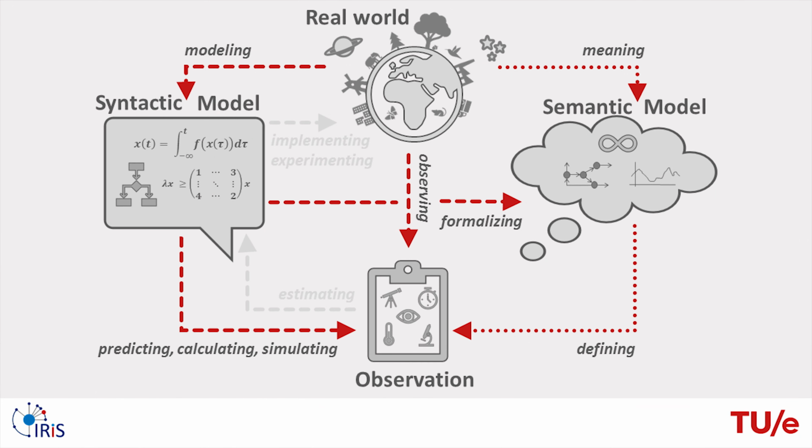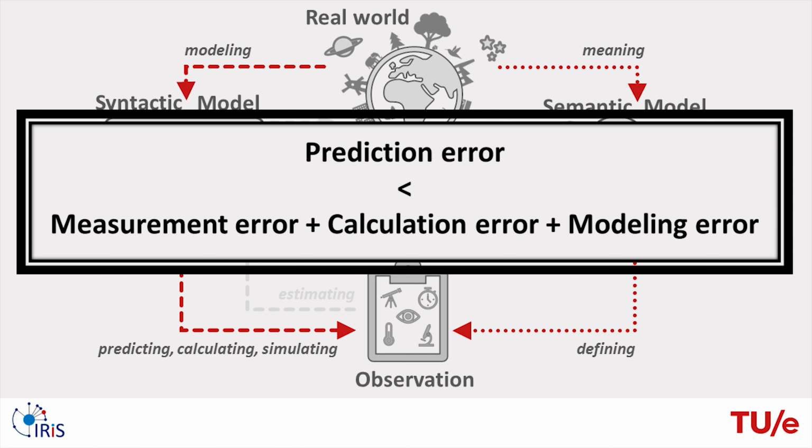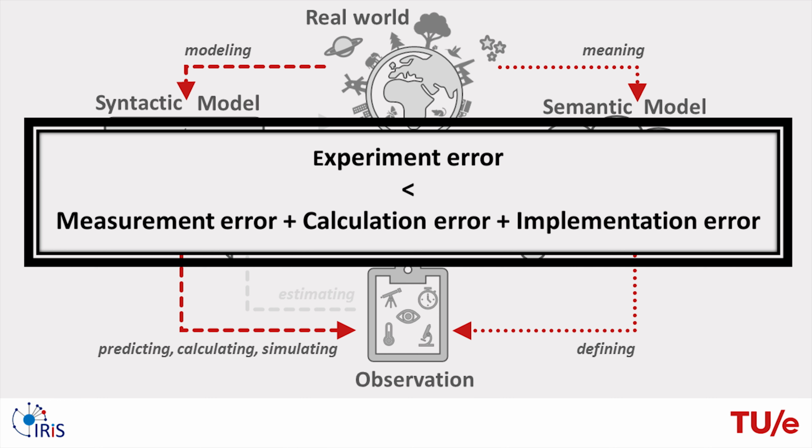And that in turn is smaller than the distance between observing and meaning plus defining, and calculating and formalizing and defining, and meaning and modeling and formalizing. The three add up. So the prediction error is smaller than the measurement error, plus the calculation error, plus the modeling error. In a similar way, you can say that the experiment error, the difference between calculating and implementing plus observing, is smaller than the calculation error plus the measurement error plus the implementation error.